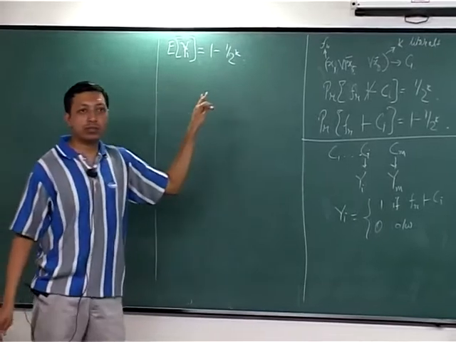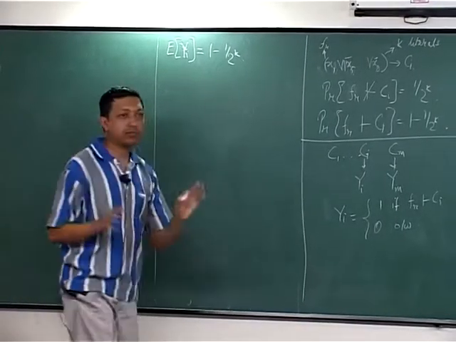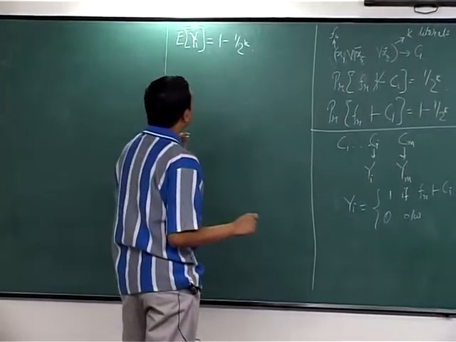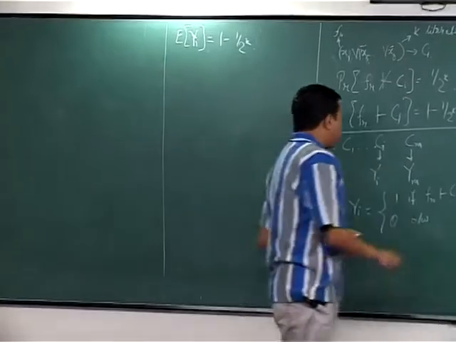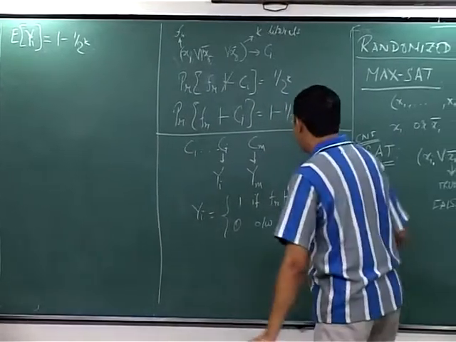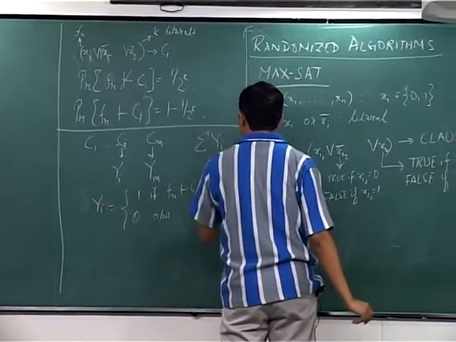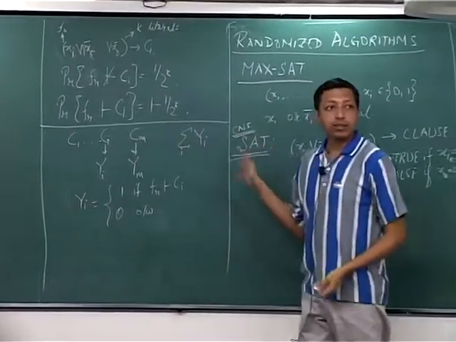So far everybody is on board, right? Okay, so far so good. Now, what would be the total number of clauses that get satisfied? It's just the summation of yi, right? This is the total number of clauses that get satisfied, and that's it.